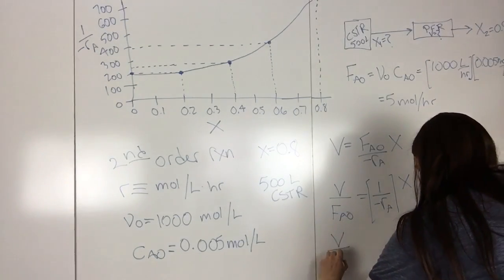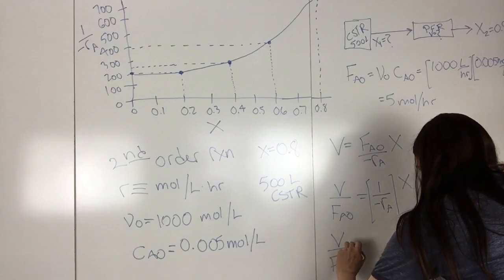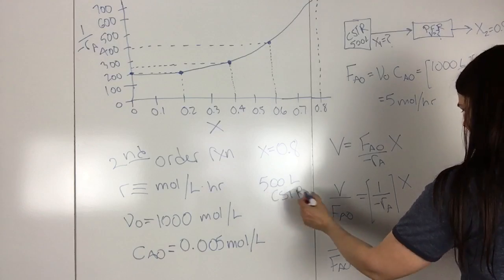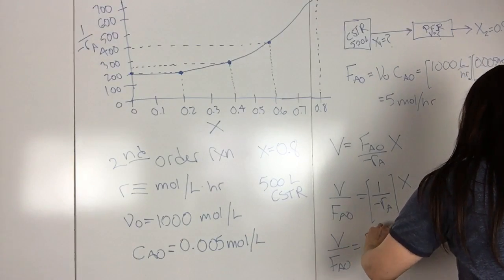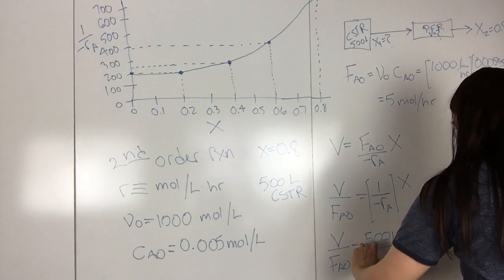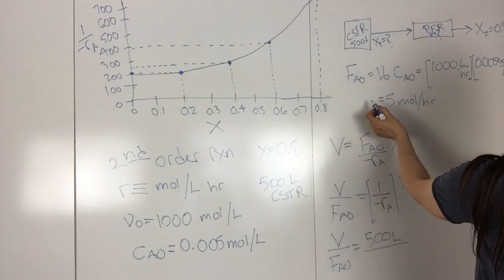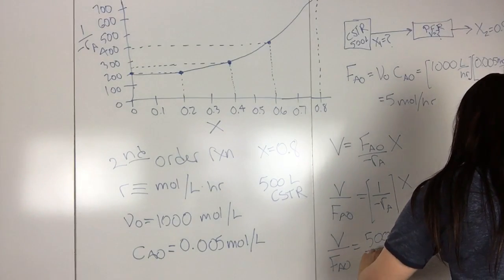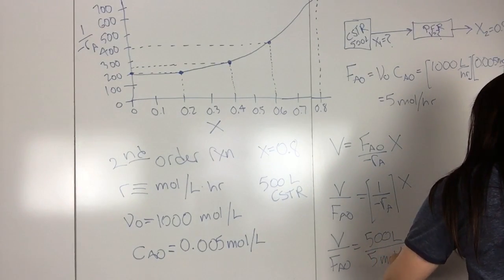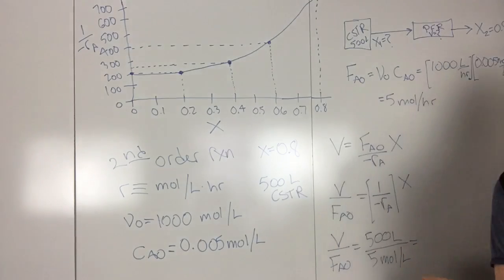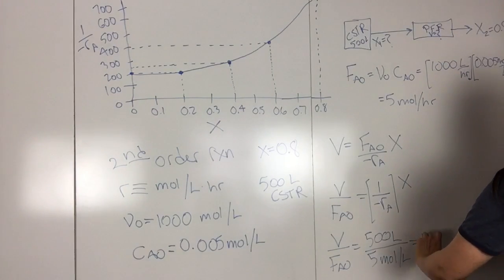V over FA naught is 500 liters over 5 moles per hour, and calculating this, we get 100.